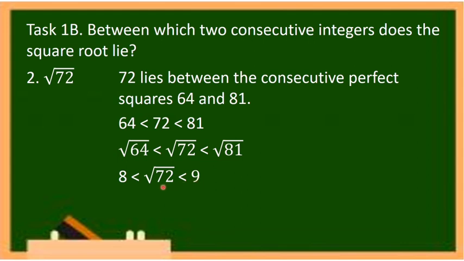So we will read this as the square root of 72 is greater than 8 but less than 9. So therefore, the square root of 72 lies between two consecutive integers, which are 8 and 9.